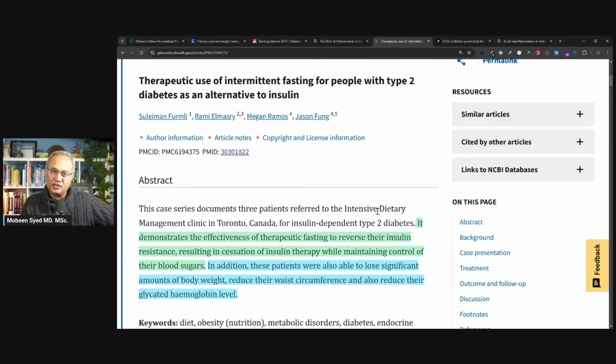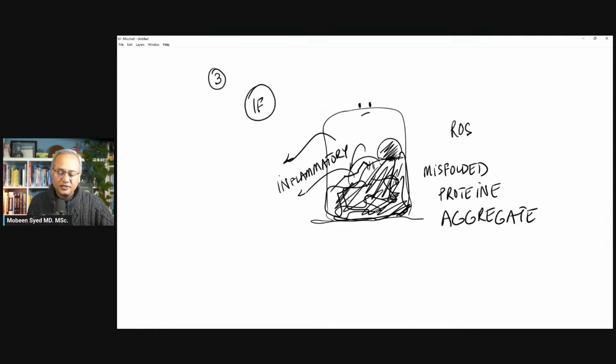You're not losing weight. I mean, in 3 weeks, you're not going to lose 15 kilogram. They were just reducing their food intake, producing a state of fasting in the body, which allowed the autophagy to happen. And this trash in the cell started getting cleared out.